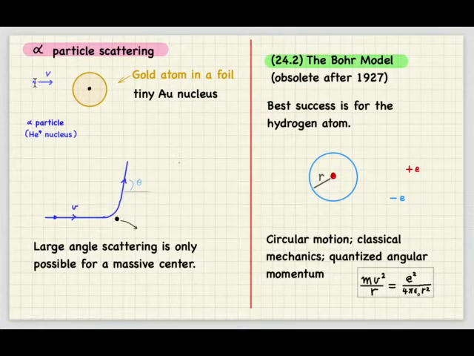It's very small, and there are various ways to obtain a beam of alpha particles to use in a scattering experiment. For example, some radioactive decays produce alpha particles.